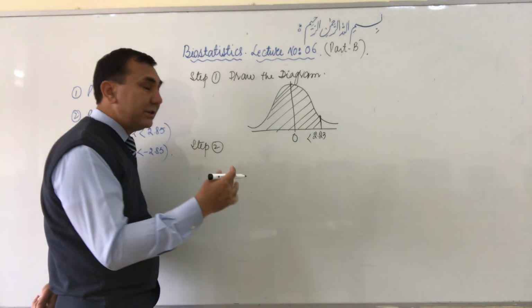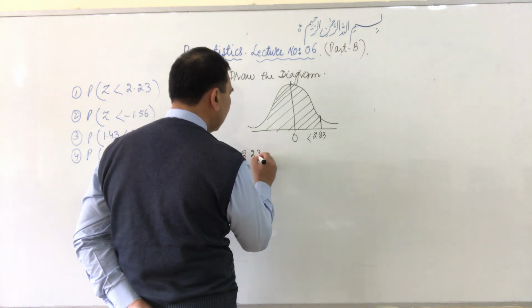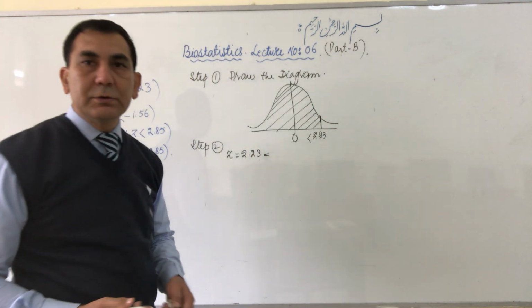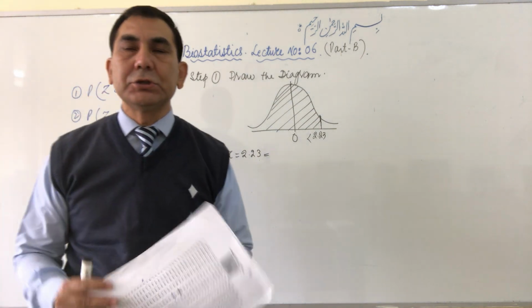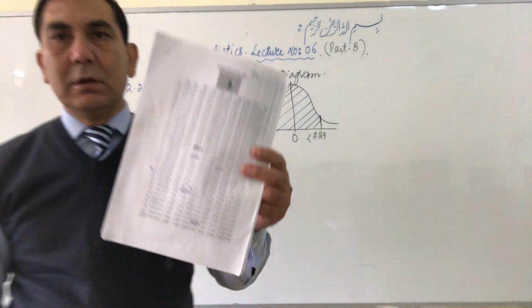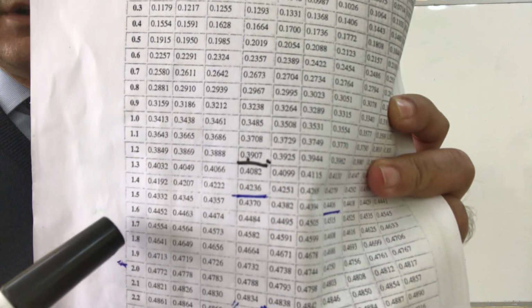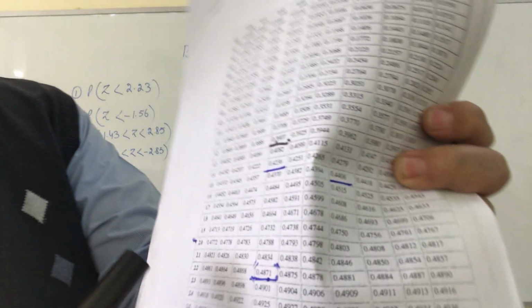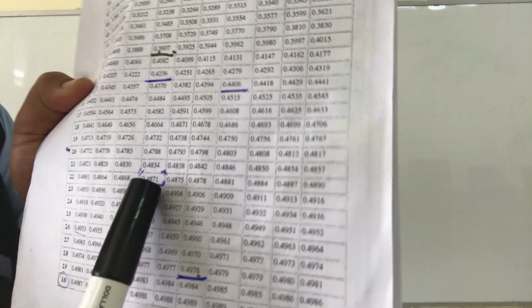In step number 2 we will find the z-score value. For 2.23 we take the help of the z table as we did in the previous lecture. In the row it is written 2.2, then we go along to 2.23.